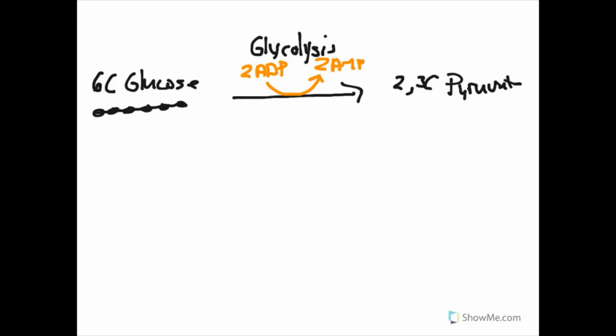Again, the pyruvate is made. So now we got 1, 2, 3, 1, 2, 3 pyruvates. Now, what we're going to do is we're going to take this guy and we're going to go straight through another reaction. Now, I almost forgot something here.